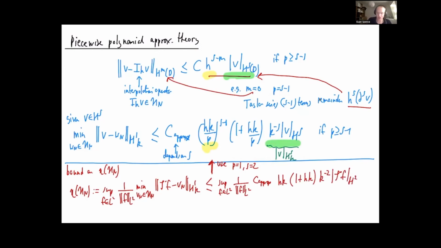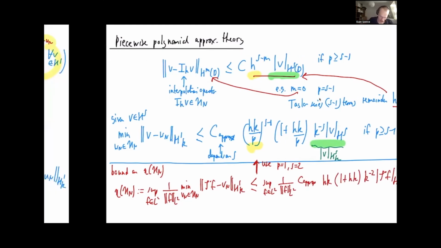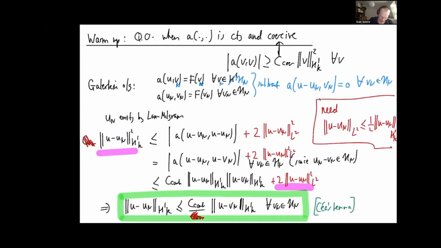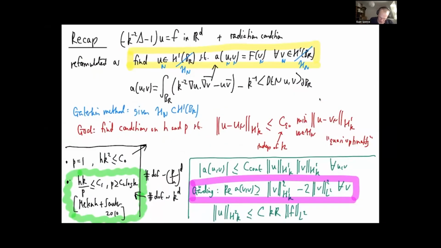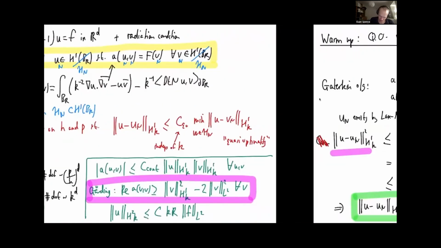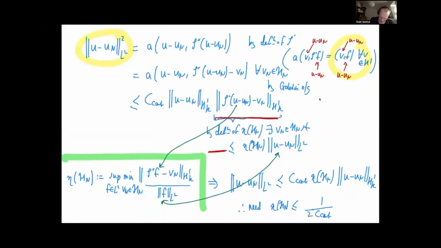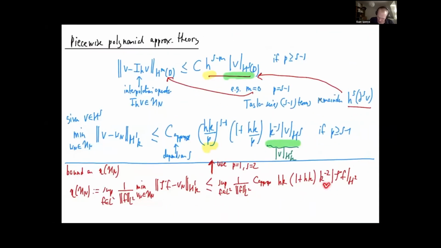But one of these things we recapped, so let's go back. I'm just going to turn the slides back. What we recapped on the first page was that the H2 norm of the Helmholtz solution is bounded, in the weighted space, by k times R times the L2 norm of f. Here we've got S star of f, but there was this lemma that said S star of f is just a complex conjugate of a regular Helmholtz solution, so I can use that bound.